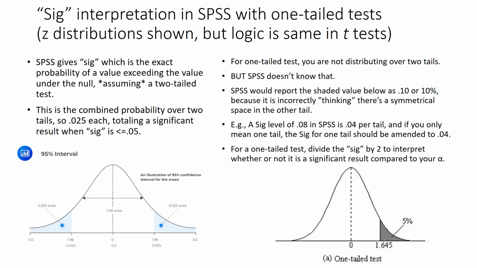So with the shaded value at the bottom on the right hand, you see that this is 5% in the tail, which is the area of significance for a one-tailed test.